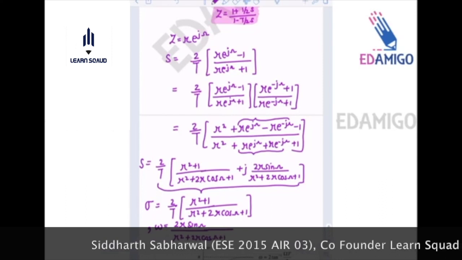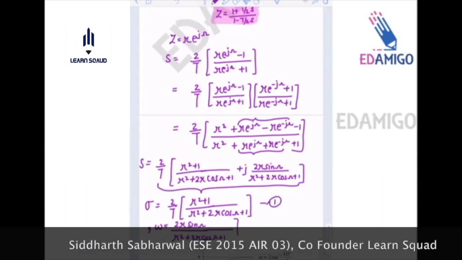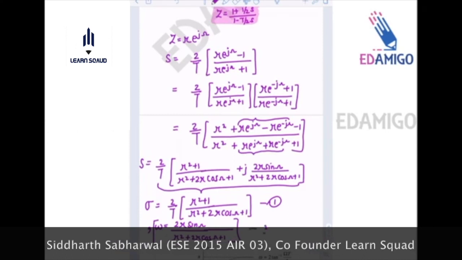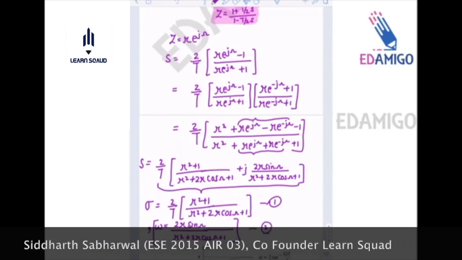Okay, so these two equations are there. This is equation number 1 and this is equation number 2. So this is the important relationship.